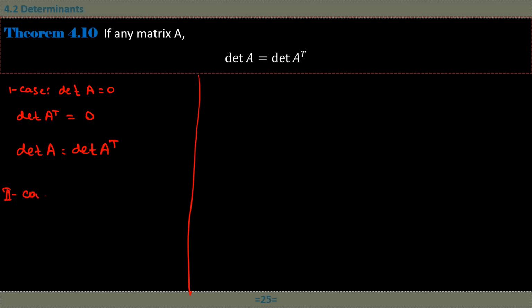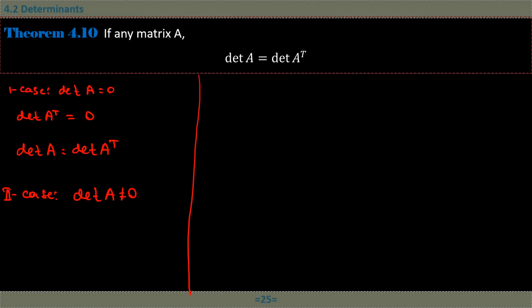The second case is, now we suppose that the determinant of A is not equal to 0. Then A is invertible and can therefore be written as a product of k elementary matrices.